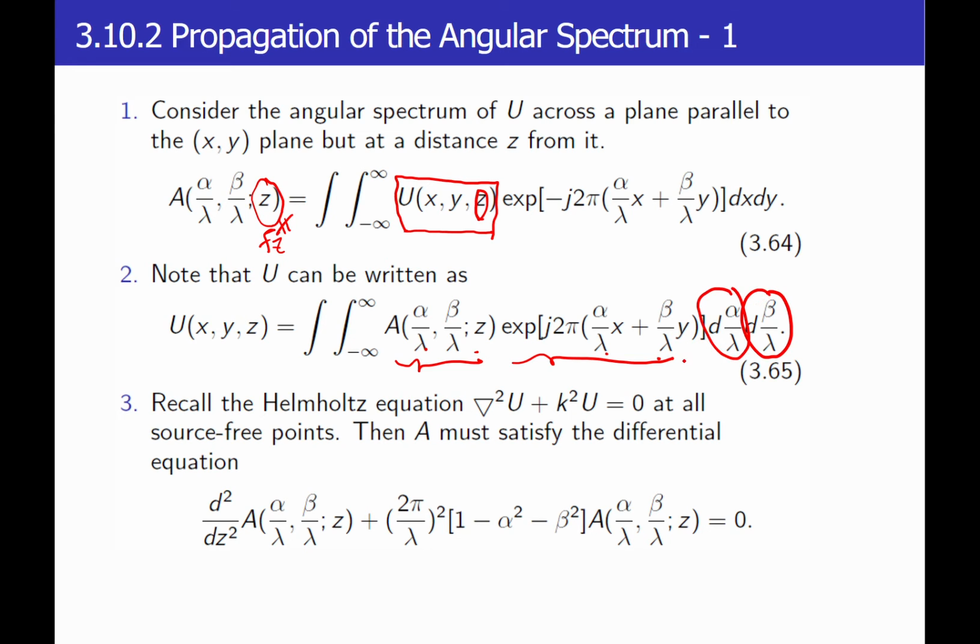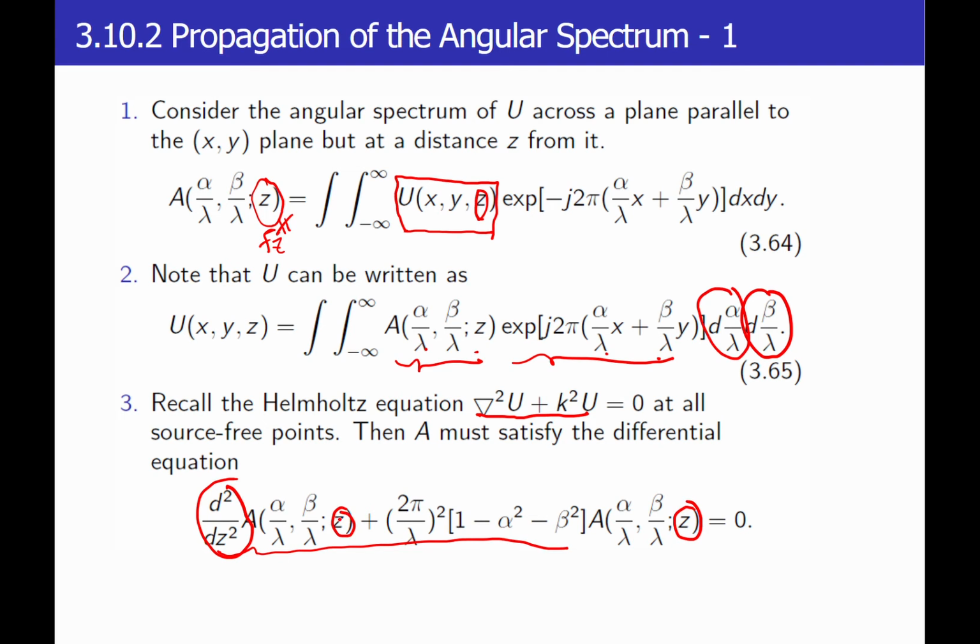And then we can further simplify this integral equation, recalling the Helmholtz equation, where k is the wave vector. Then A must satisfy this differential equation. Remember that this is the z component.